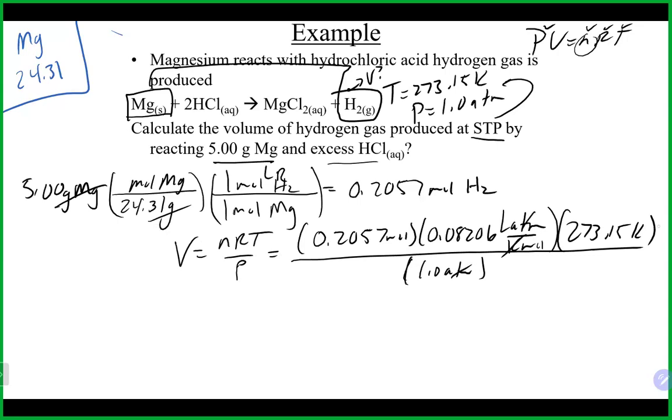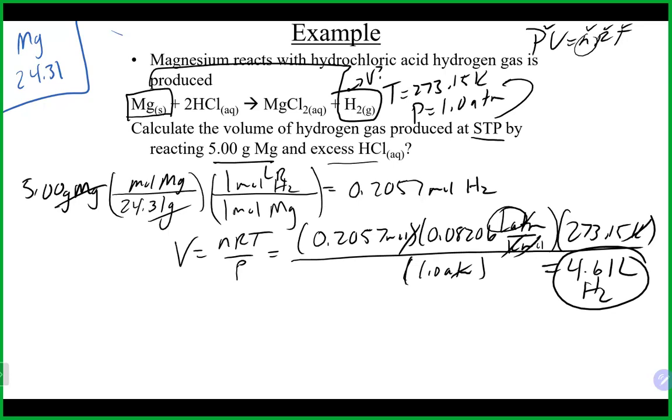Atmospheres again canceling, Kelvin canceling, moles canceling, leaving us our liters here. And we end up with 4.61 liters of H2. This would be a theoretical yield as that is a product.